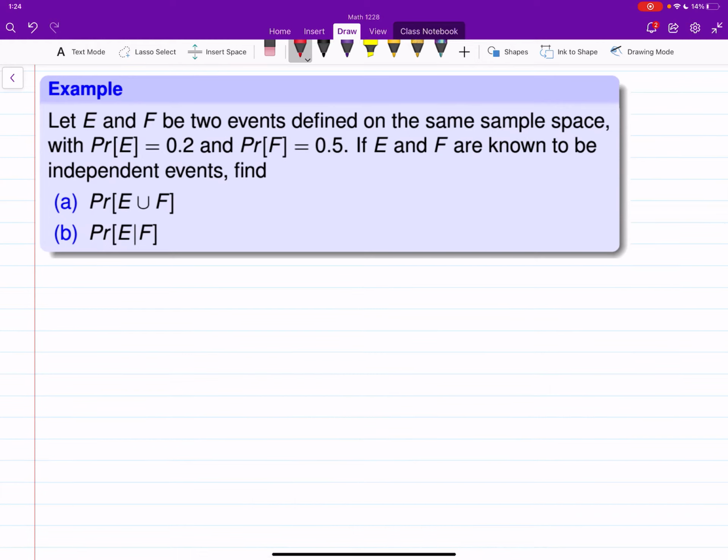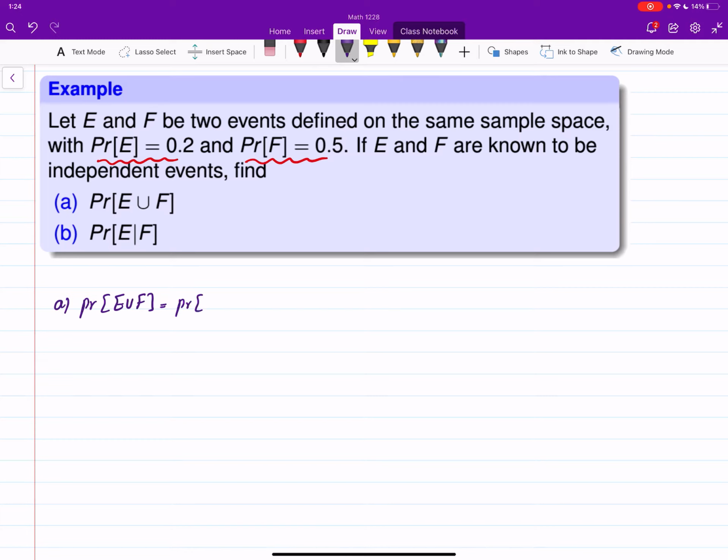Here E and F are given. The probability of E is 0.2, the probability of F is 0.5. Then we are looking for the probability of the union.